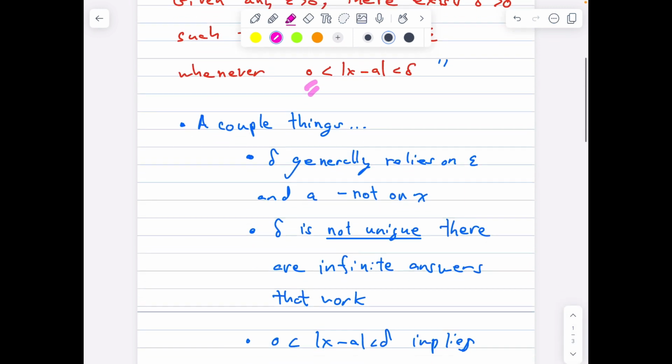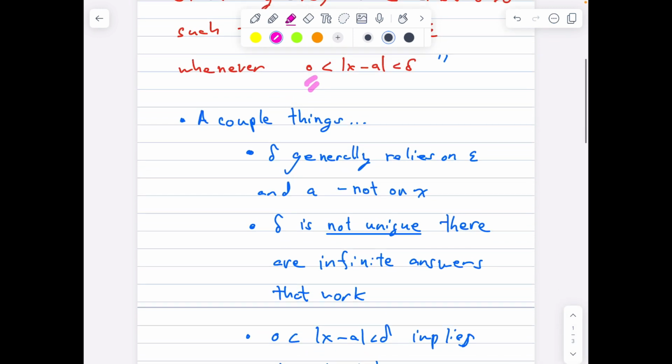Okay, and a couple more things I want to give you as tips, for this problem but more really for the future. This delta generally relies on epsilon and a, not on x. You'll see a lot of the time when you're doing a proof that people say, oh, delta equals epsilon over x plus 7, something along those lines.